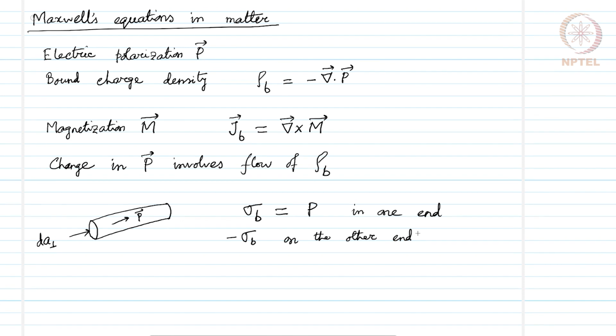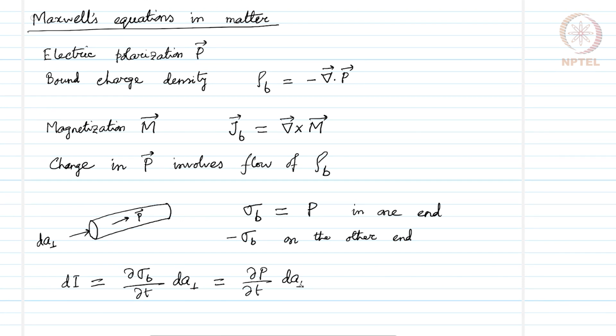Due to this polarization, now, if we increase this polarization, then the bound charges are going to increase as well. That will be similar to a flow of current. If an amount dI of current flows due to this infinitesimal increment in the polarization, then that can be given as del sigma b over del t times dA perpendicular, which is nothing but del P del t times dA perpendicular.